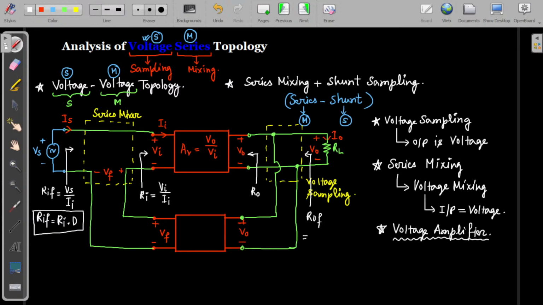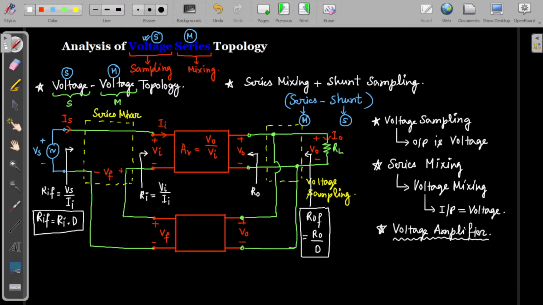So for voltage series feedback, R0F, that is the output impedance with feedback, will always be R0 divided by D. That means it will be decreased. That is the very important thing. See, the output impedance with feedback is decreasing, the input impedance with feedback is increasing for voltage series topology. ये आपको याद रखना ही है.